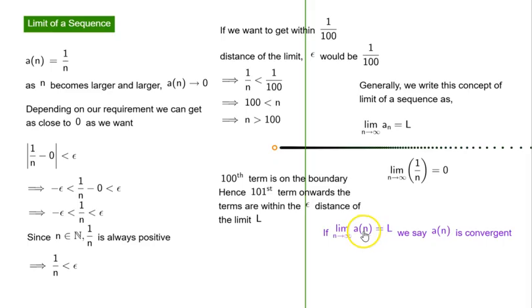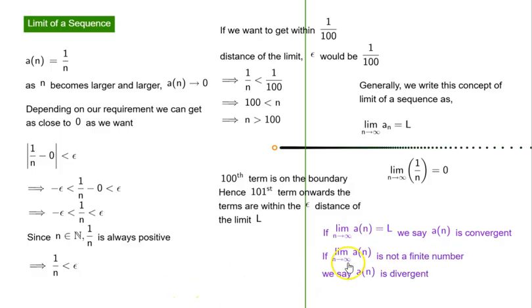So that means the sequence is going towards that value. So we say a sub n is a convergent sequence, or simply a sub n is convergent. But there might be cases where it doesn't tend to any specific finite value.